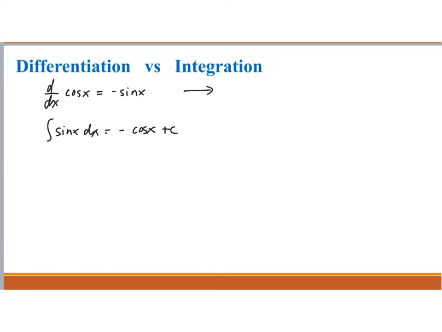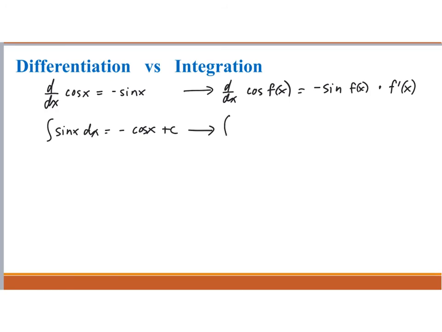And we also learned that d/dx of cosine f of x, using the chain rule, we get negative sine f of x times f prime of x. So this is very similar to the previous one.